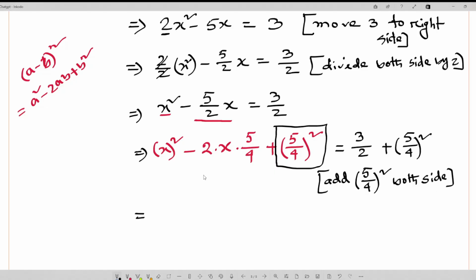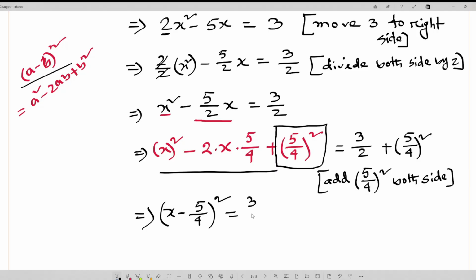Okay, now look, it's looking like a minus b whole square. So we can write x minus 5 by 4 whole square, and here is 3 divided by 2 plus 5 square, means 25 divided by 4 square, means 16.